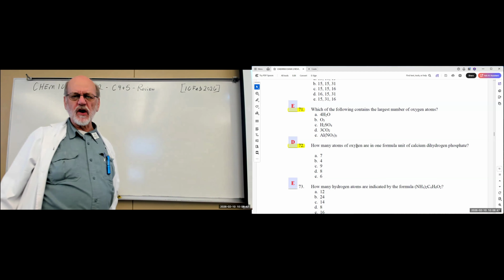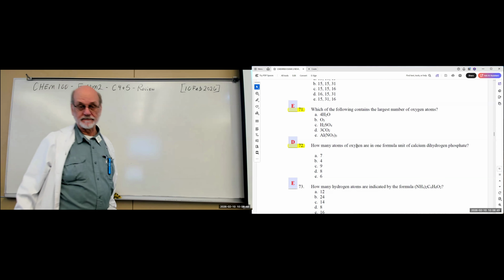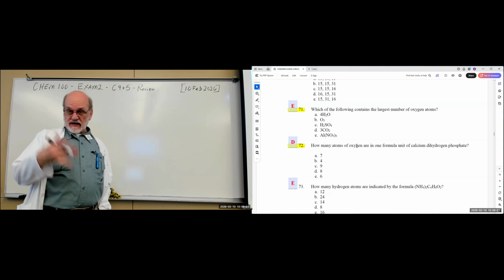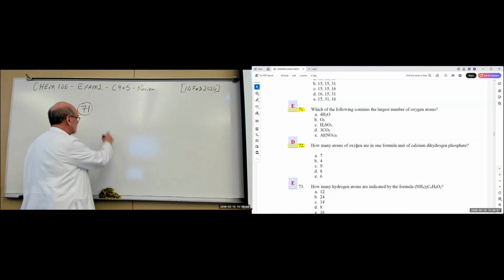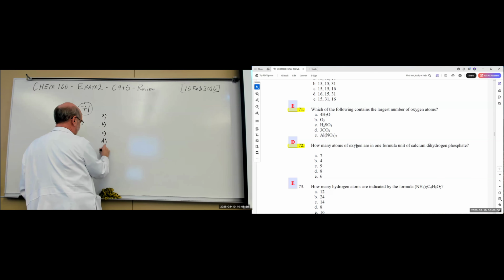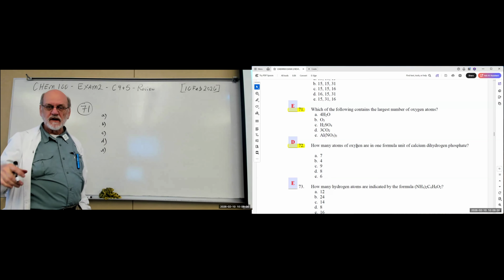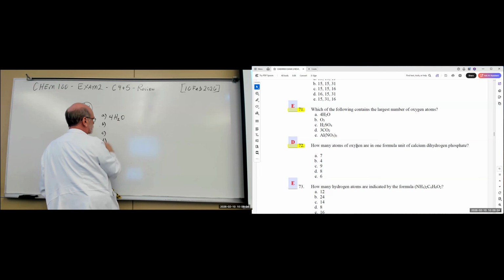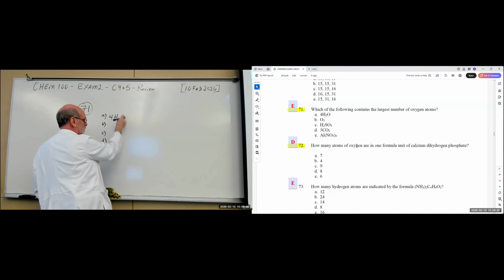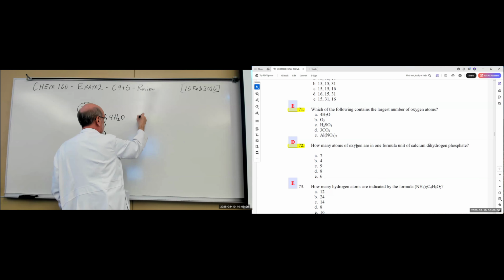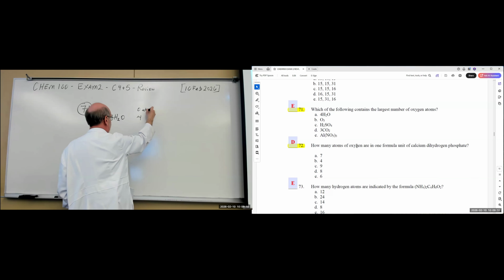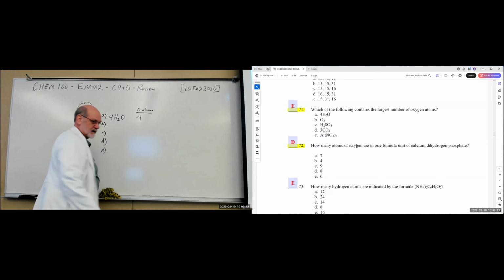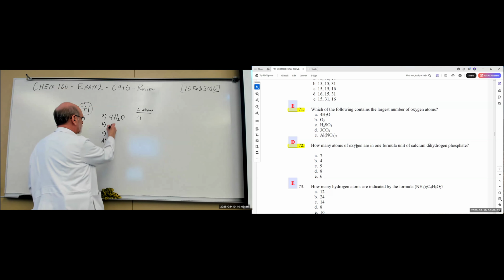71. Which of the following contains the largest number of oxygen atoms? All right, so you just have to count them up. A, B, C, D, and E. All right. First one, 4 waters. 4 water molecules. 1 per molecule, so 1 times 4 is 4 oxygen atoms. How about the second one? O3.